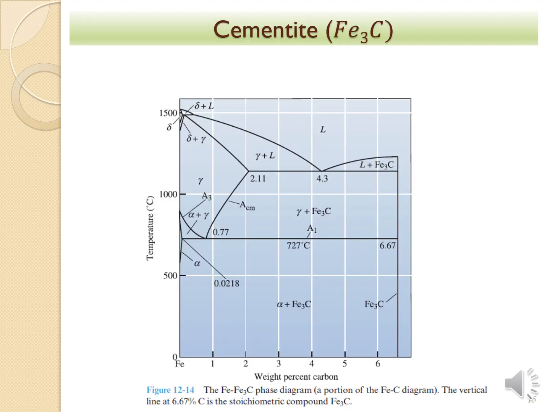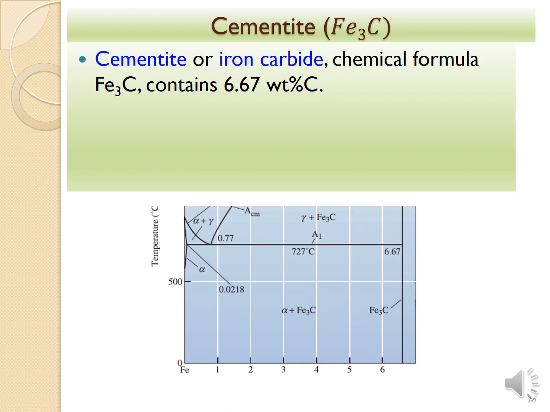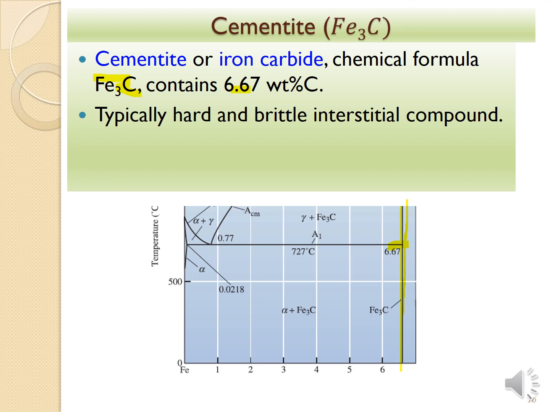The cementite on this phase diagram is located over here. Cementite or iron carbide, the chemical formula is Fe3C and contains 6.67% of carbon. The composition is labeled over here, and also that's a vertical line, right? If you still remember the composition of this intermetallic compound. So it's a hard and brittle interstitial compound.